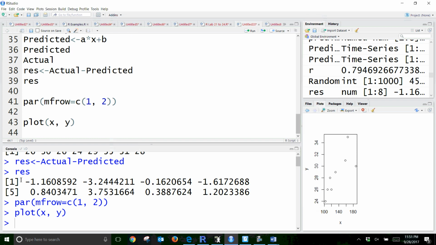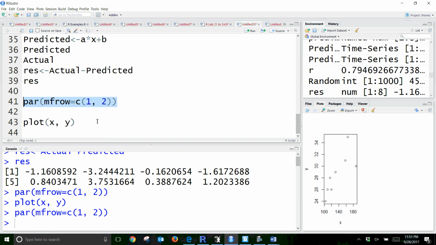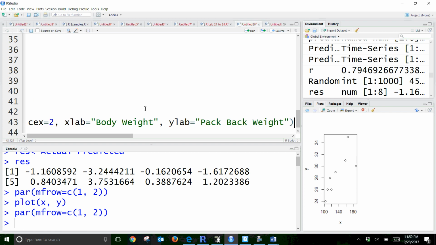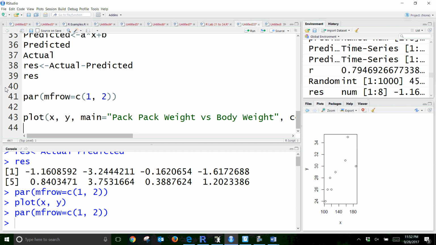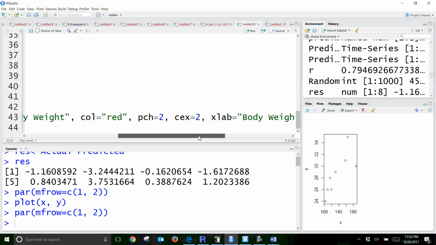So I'll do this again. Oops. So I'm going to copy and paste this from the instructions. Okay. So to show you what I have here, I have plot x and y. I want to add my title, which is actually going to be backpack weight versus body weight. And then I'm going to make it red. My printing character, I'm going to use number 2, just a triangle.